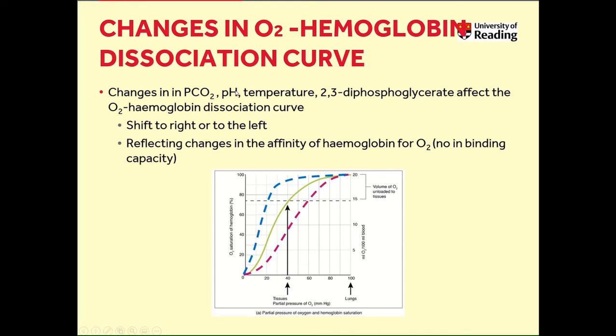And these factors, and we will talk about that in more detail in a second, can shift the curve to the right, here in purple, or to the left, here in blue. And as I said, the shift of the curve to the right or to the left will reflect the changes in the affinity of hemoglobin for oxygen, not in binding capacity.